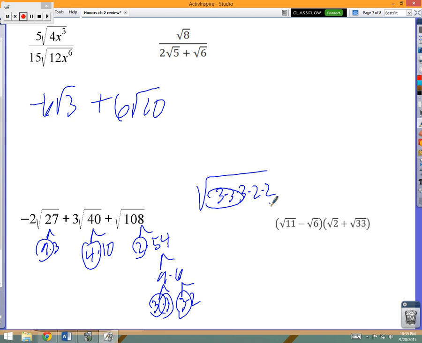So the square hiding in 108 happens to be 36. So watch this, 108 divided by 36 is going to be 36 and 3. And there's my square.